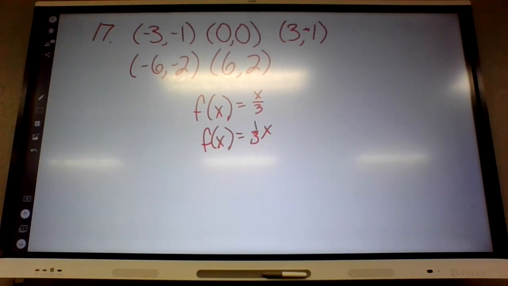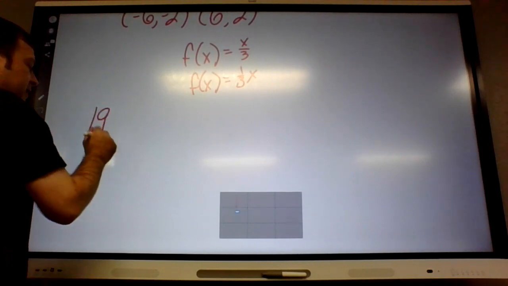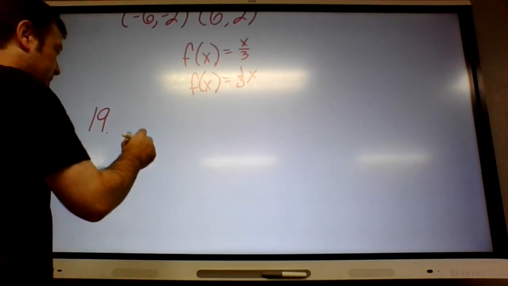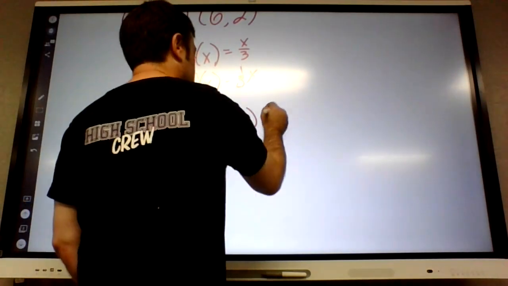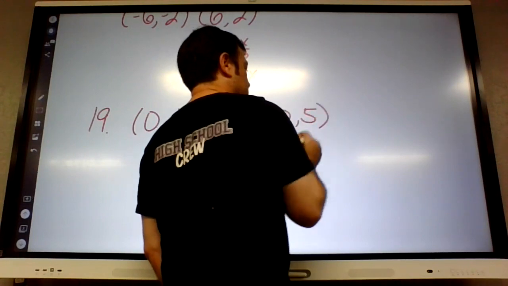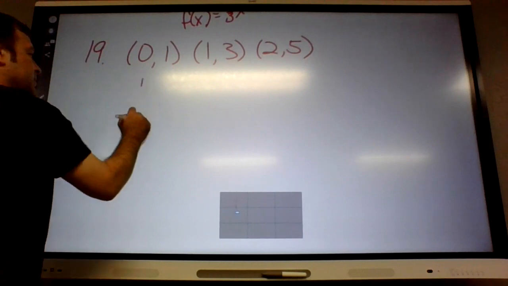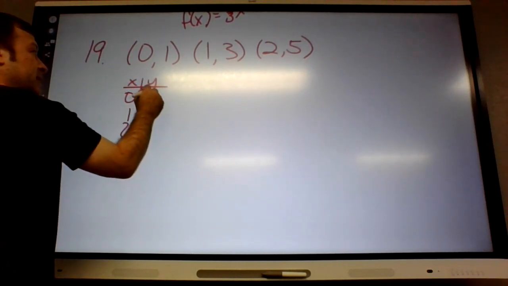Okay, so 19 and 20 are kind of the same idea. So we got 0, 1, 1, 3, 2, 5. Let me write it this way. This might be less confusing.